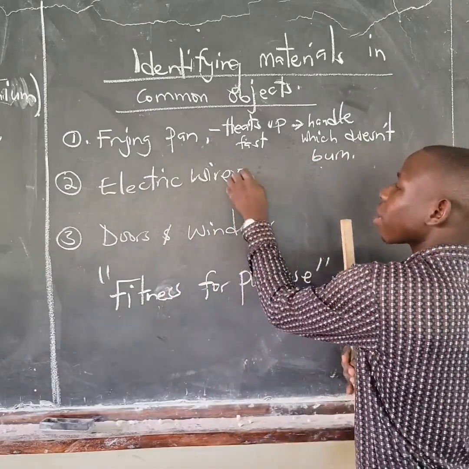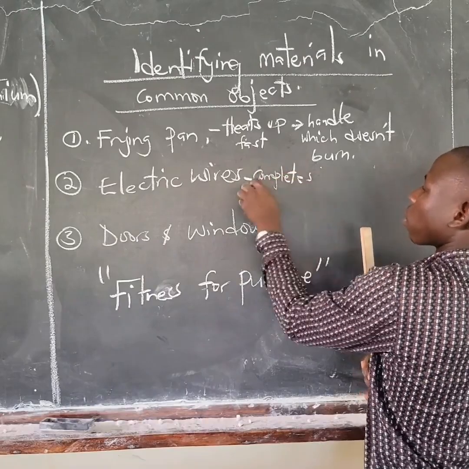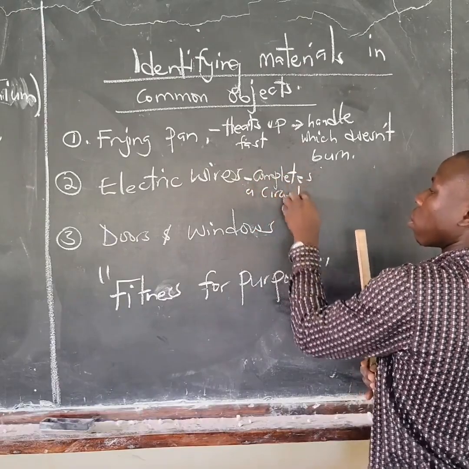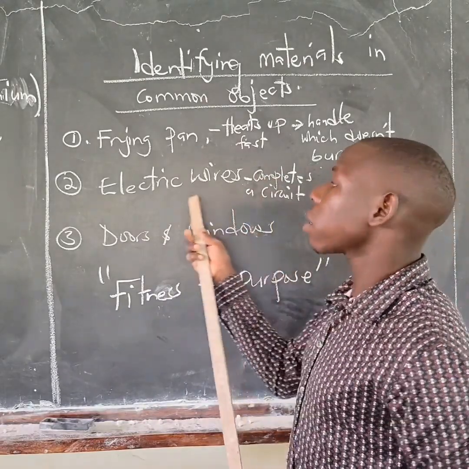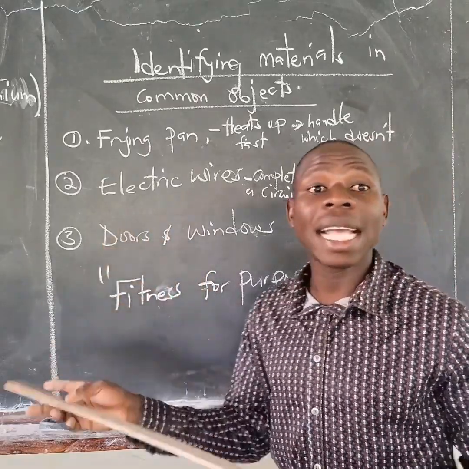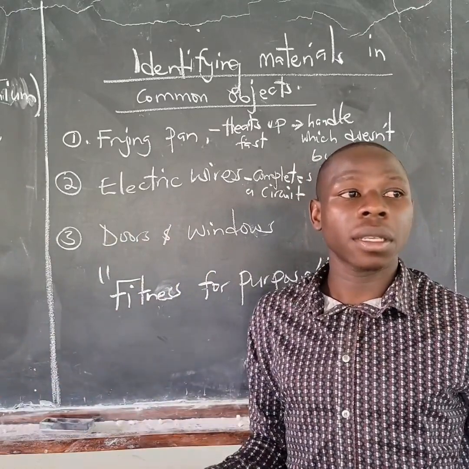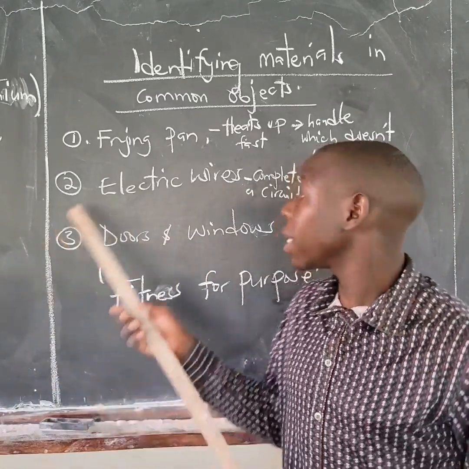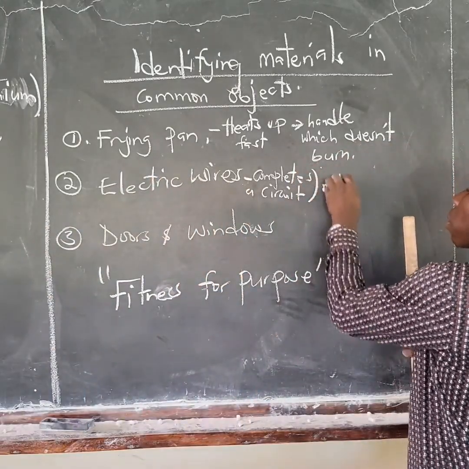Of course, we need something which completes a circuit. But it also has to be malleable, because wires bend, you cannot have wires which are constantly straight. But when it completes the circuit, that's how we can go for metals.